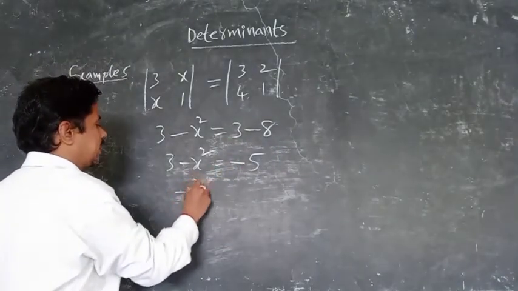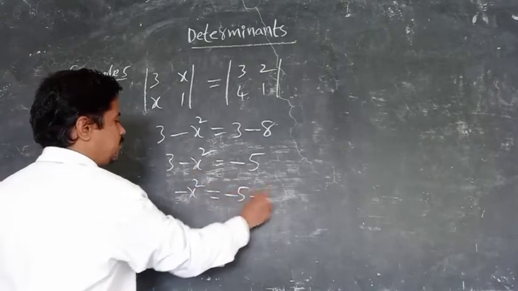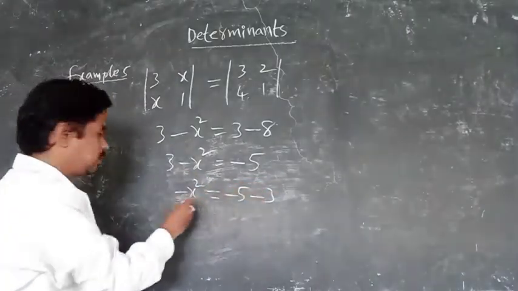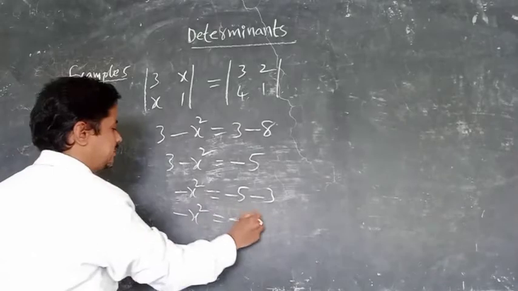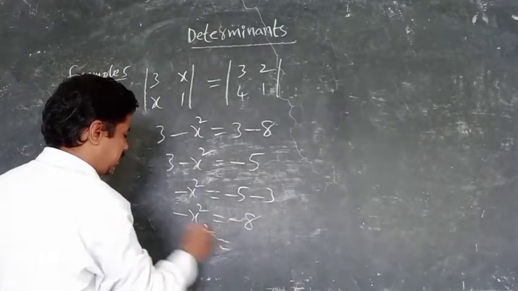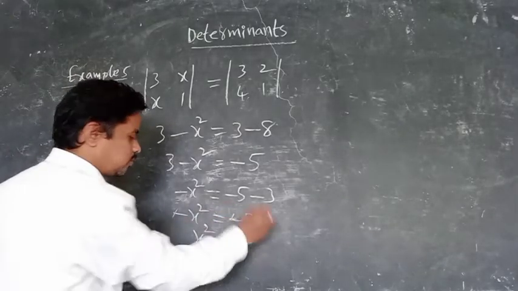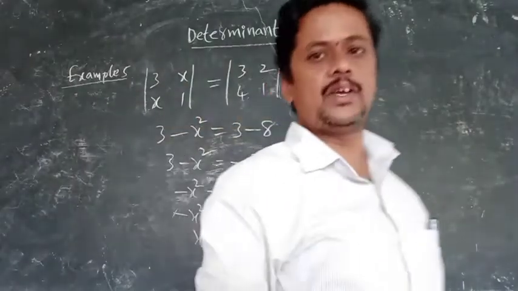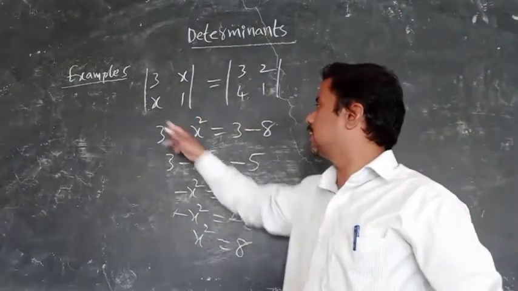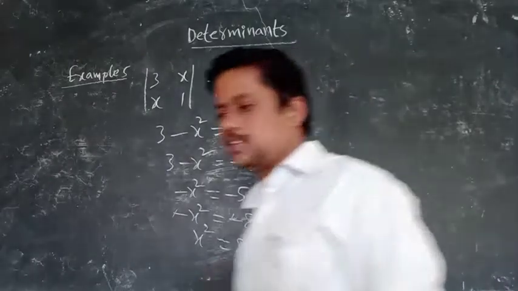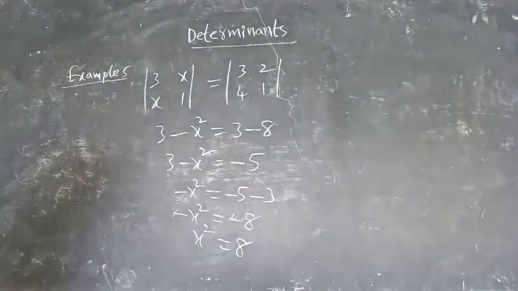Minus x square is equal to minus 5 minus 3, so minus x square is equal to minus 8. Minus minus cancels, x square is equal to 8. You can directly write also: 3 cancels, x square equals 8. Like that also you can write. That is also one of the easiest problems.